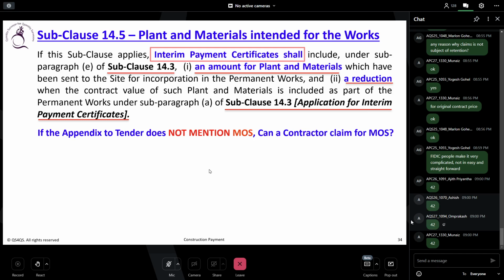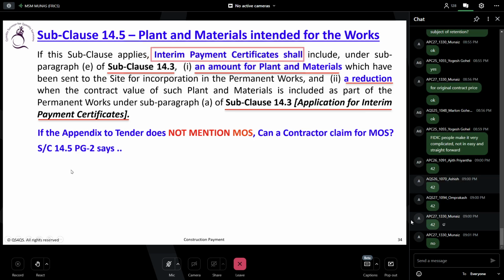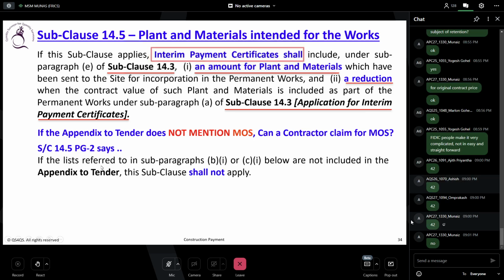Obviously the answer is no. That clearly says in paragraph 2: if the list referred to in subparagraph B1 or C1 below is not included in the appendix to tender, this subclause shall not apply. That means you can't use this subclause anymore.